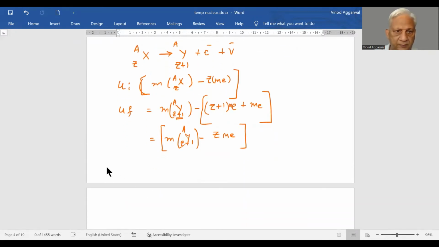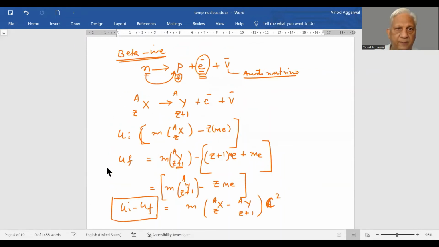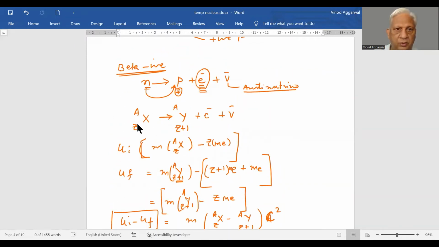and the difference is nothing but this. So this much energy will be released when a neutron becomes a proton in this reaction.